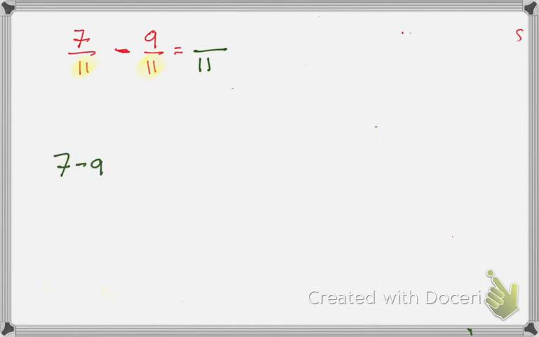I'm going to create a number line and draw my little tic marks. 1, 2, 3, 4, 5, 6, 7. 1, 2, 3, 4, 5, 6, 7. Okay, so we're going to subtract.